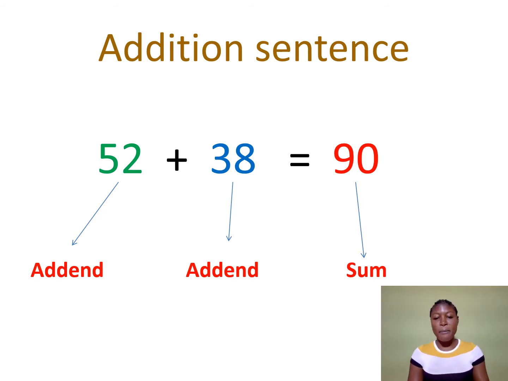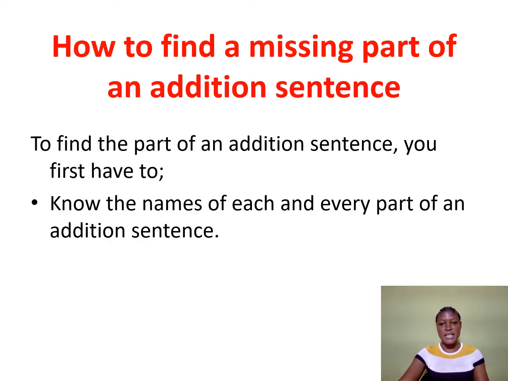And the second number, which is being added to the first number, is also called an addend. And they come together to form what we call the sum. That is the total you get after adding the two addends. Good. So now you've got a clear understanding of what an addition sentence is.